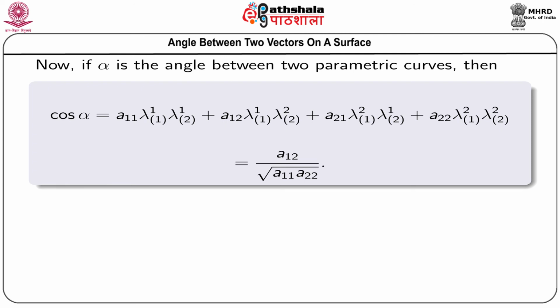That means, angle between two parametric curves can be calculated by the fundamental metric tensor a alpha beta, where alpha beta is running from 1 to 2. So, if we just calculate a11, a22 and a12, we can find the angle between the parametric curves, U1 curves and U2 curves.